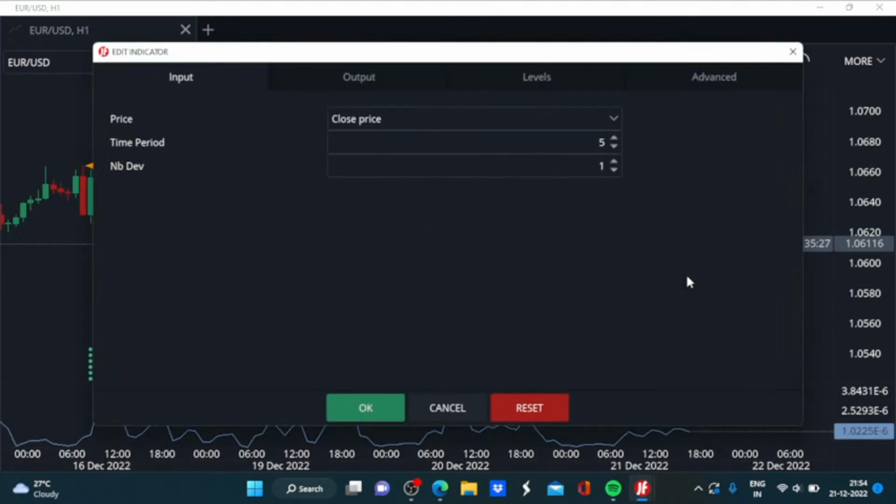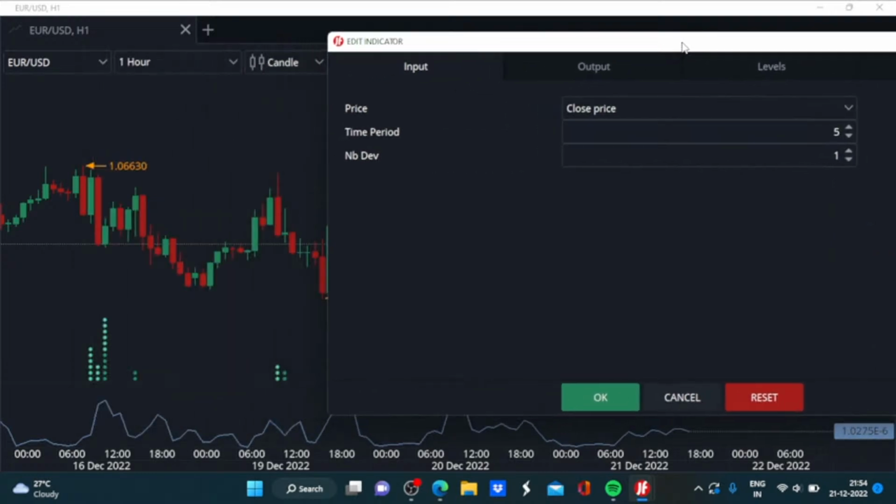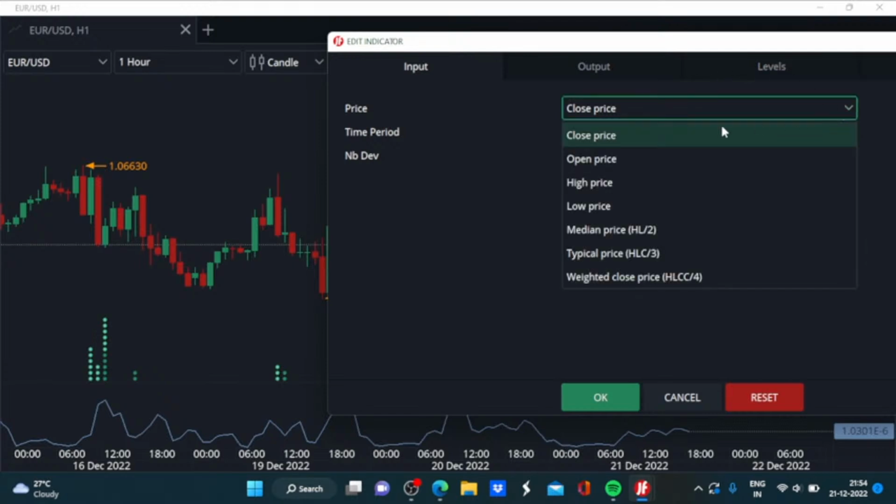Now let's see how we can customize this indicator using the options available to us on the platform. So we have this option of using different applied prices. You can go for different types of applied prices: close price, open price, high price, low price, median price, typical price, weighted close price. So all these options are there for you to choose from.